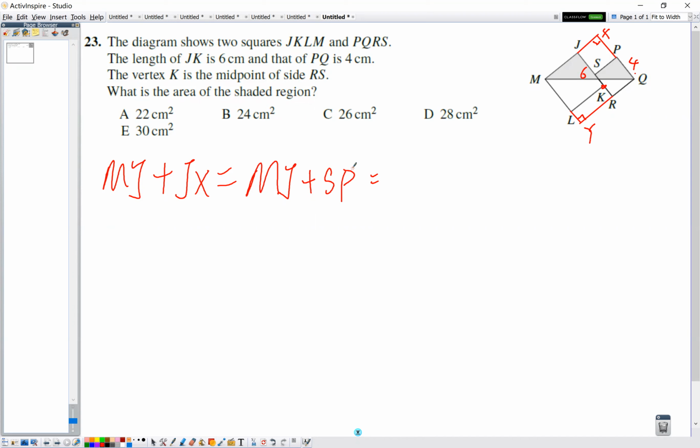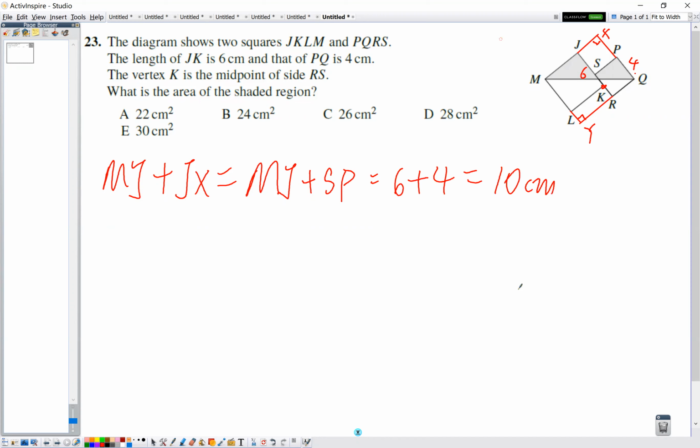So these two we have done. We add them together, 6 plus 4, they become which number? It becomes 10 centimeters here.